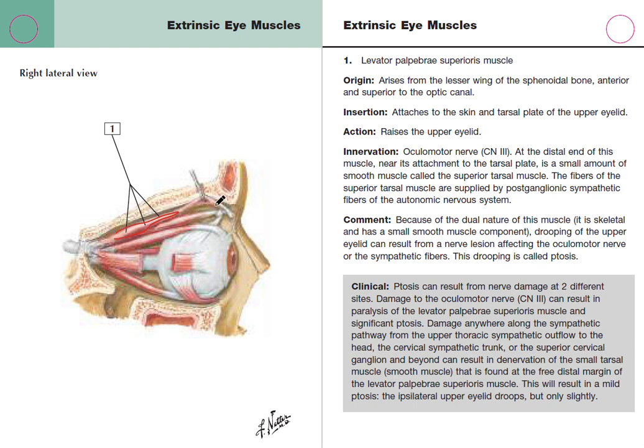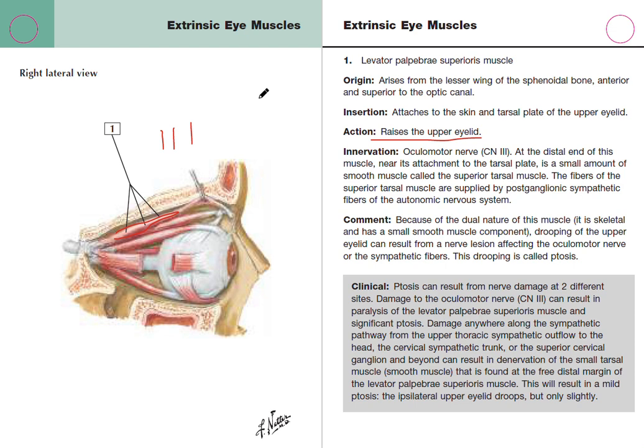It attaches to the skin and the tarsal plate of the upper eyelid. The levator palpebrae superioris acts to raise the upper eyelid. It is innervated by the oculomotor nerve, which is cranial nerve 3.